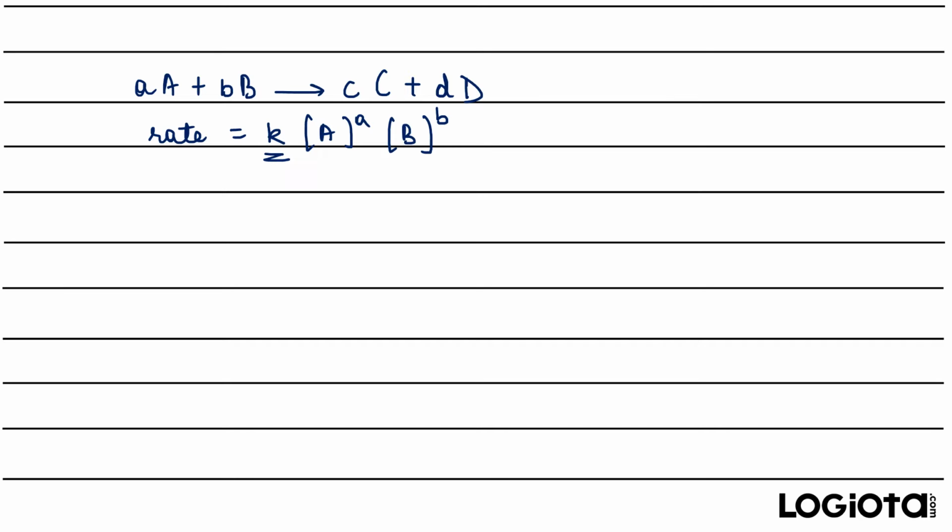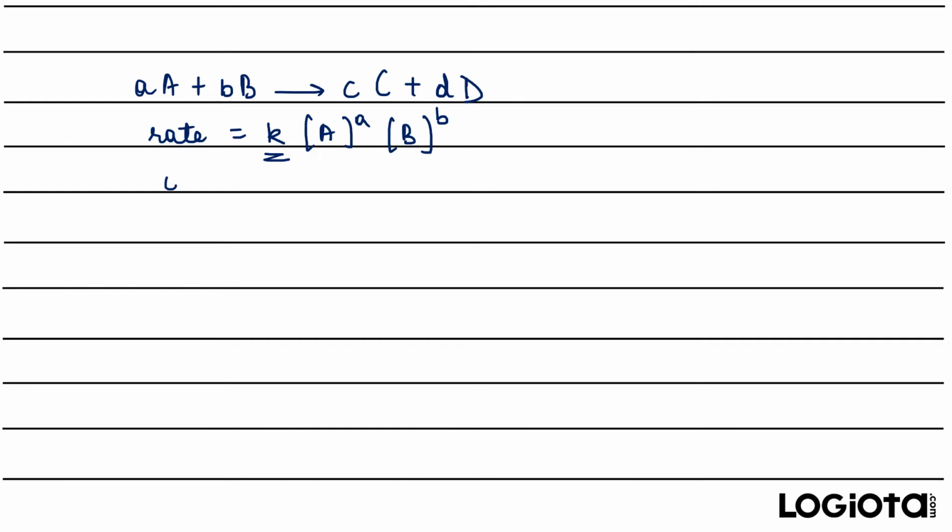So, if a reaction is like this, aA plus bB is changing into cC plus dD, for this one the rate law will be rate is equal to k[A]^a[B]^b, where k is the rate constant and A and B, that is the reactants, are raised to the power of their stoichiometric coefficients.